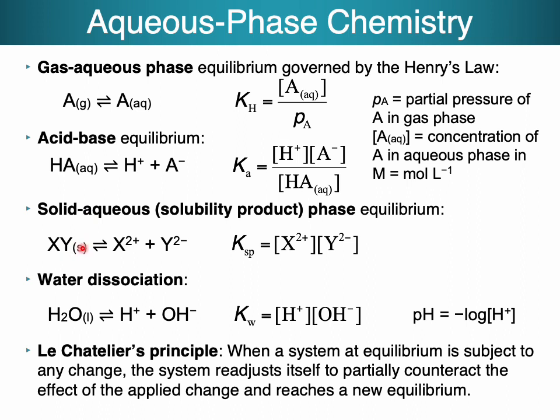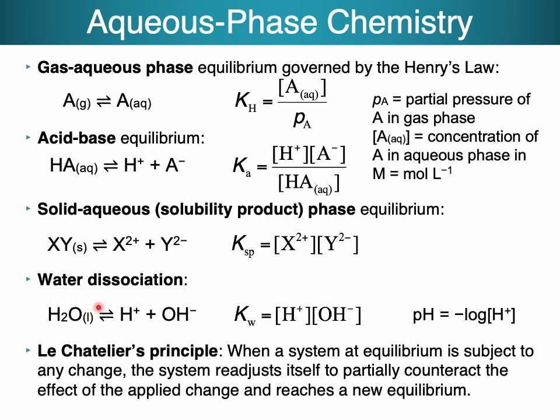So XY as a solid, a mineral, when put into water can dissolve partly to form the X ion and the Y ion, the positively charged ion and the negatively charged ion here. The dissolution is also controlled by an equilibrium constant, Ksp, the solubility product, which is equal to the product of X 2 plus times Y 2 minus.